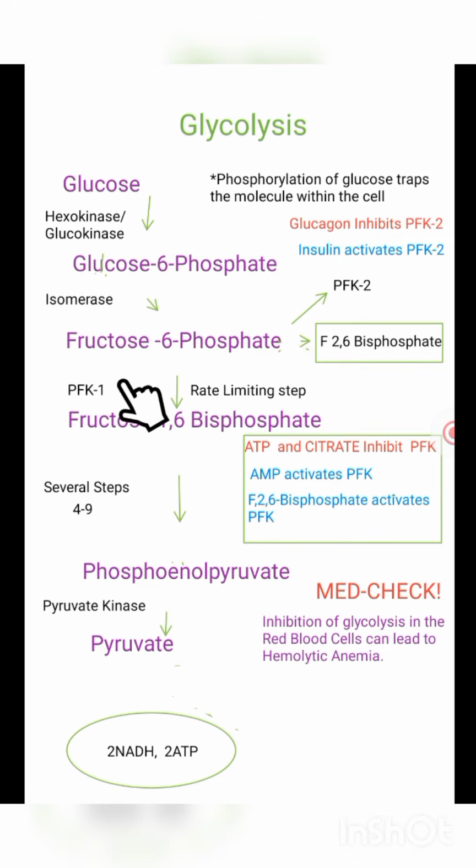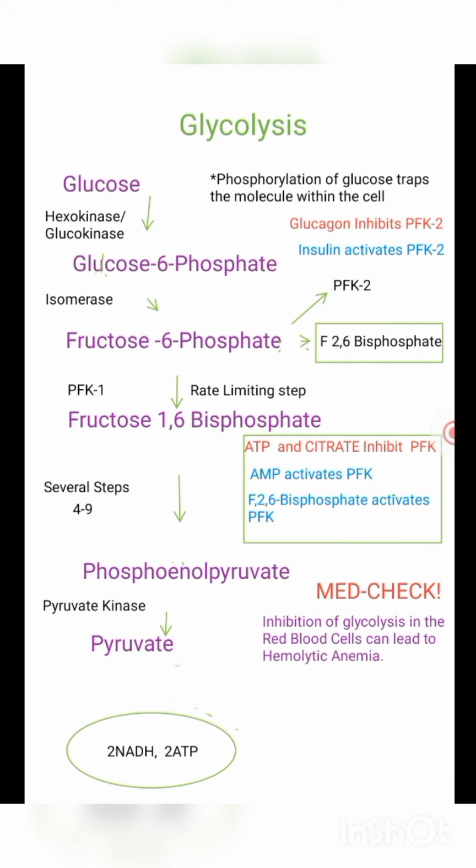Now, there's something that I need to say about inhibition or regulation of glycolysis. Why do we need to talk about regulation of glycolysis? We know that this is the most important aspect of metabolic biochemistry, the application of a pathway. How are we going to control this? How do we make sure the body has enough pyruvate or ATP? Or how do we inhibit?